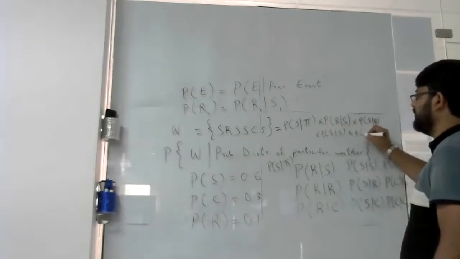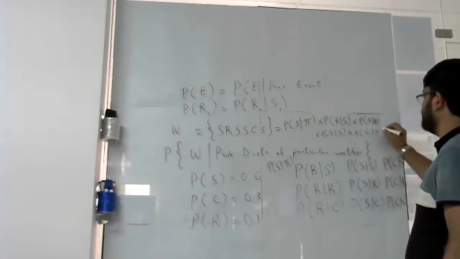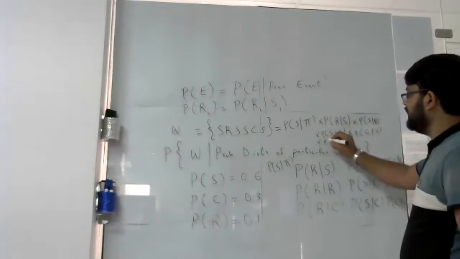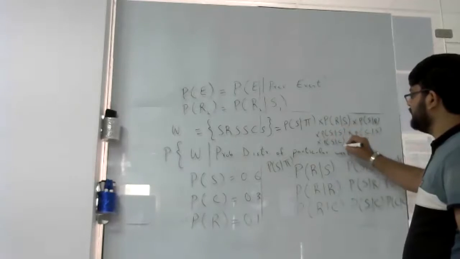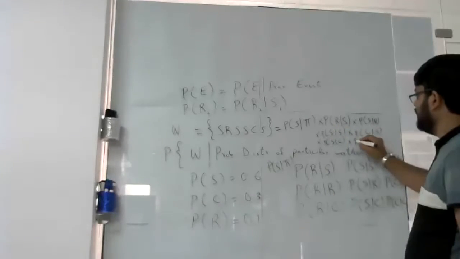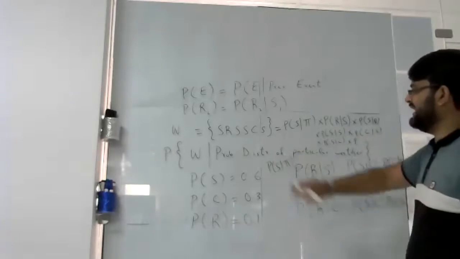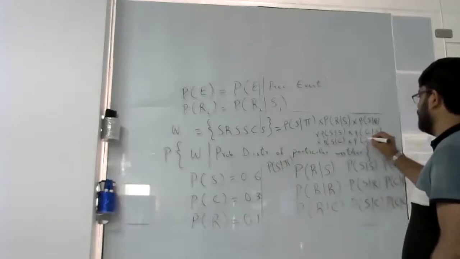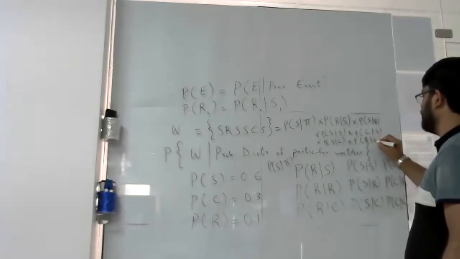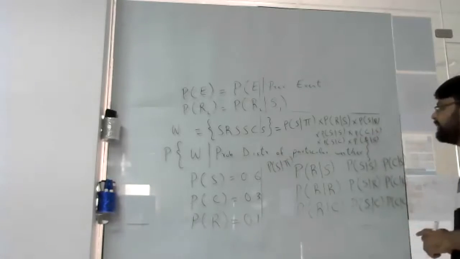Multiplied by probability of observing C given S multiplied by probability of observing S given C and multiplied by probability of ending on a sunny day, ठीक है? तो probability of E कर देते हैं given that the previous day was sunny.